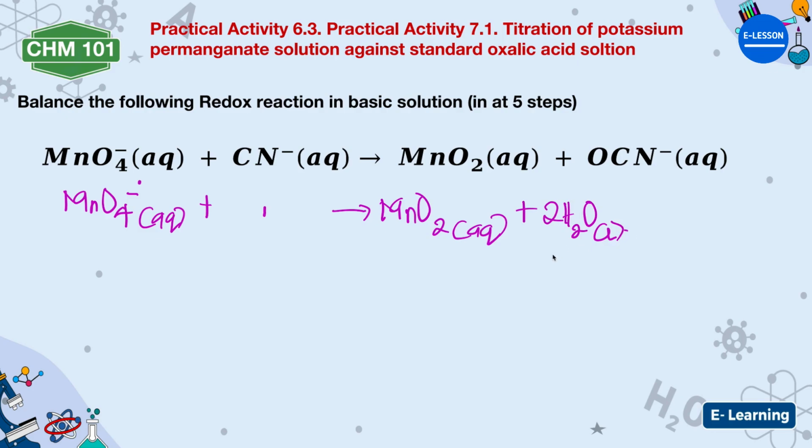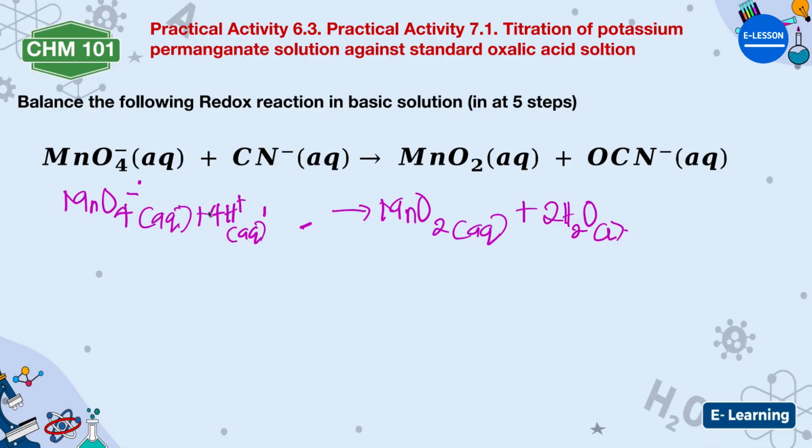Is that okay? Now, the next thing is hydrogens. Here they are now 4, so you need to add 4 H+ aqueous to this side. Now, can we look at the charges?